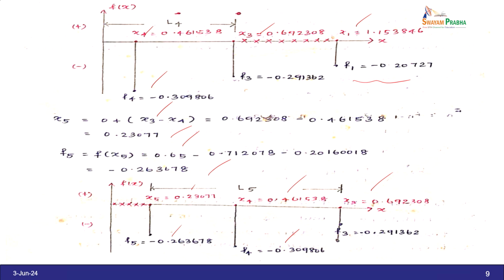Now, we have to take L5 as f5 to f3, because compared to f4, f3 is lesser than f4, and then f5 and f4, f5 is greater than f4, therefore we have to take the difference of f5 and f3.